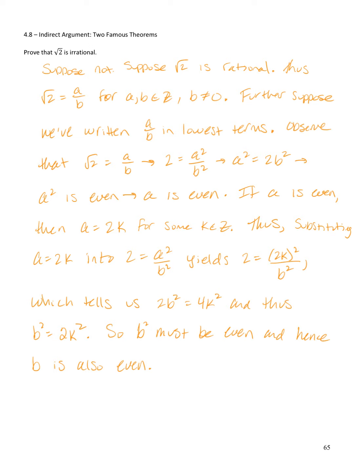Okay, so we've now reached a contradiction because we proved that a is even and b is even, but that contradicts our assumption that a over b was written in lowest terms. So here's our contradiction.